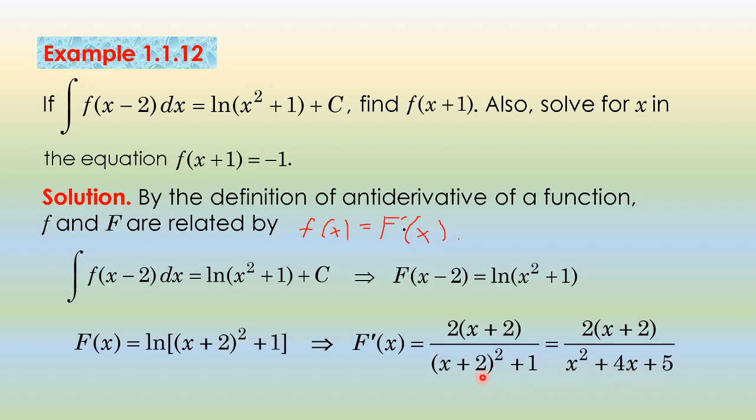Simplifying the denominator, expanding the denominator, we have x squared plus 4x, plus 4, x squared plus 4x plus 1. So 4 plus 1 gives us x squared plus 4x plus 5. So big F prime of x therefore is 2 times x plus 2 all over x squared plus 4x plus 5.